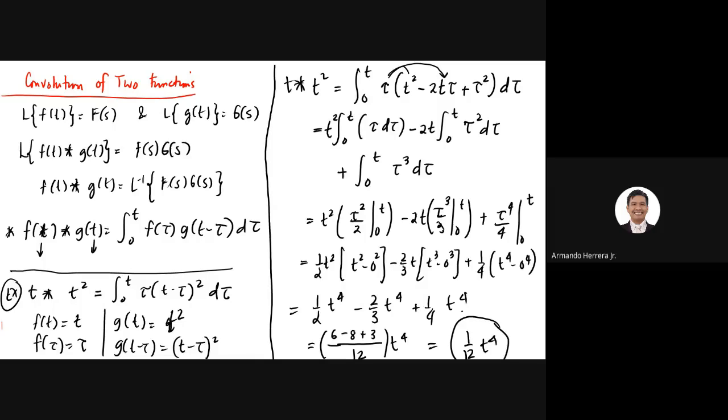So this therefore is the answer upon convolving t and t squared. Let us now try to convolve t squared with t. What we will try to find out here is whether f of t convolved with g of t is equal to g of t convolved with f of t. So we will try to prove whether or not convolution is commutative.